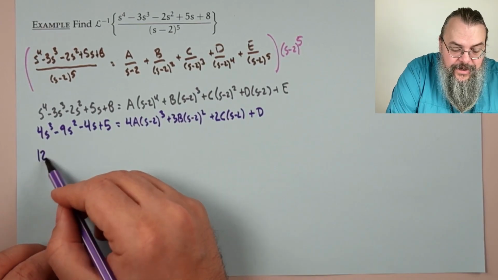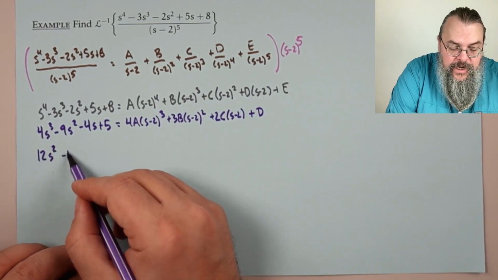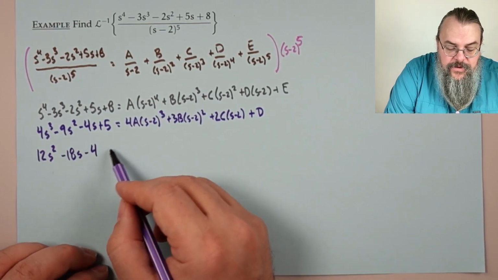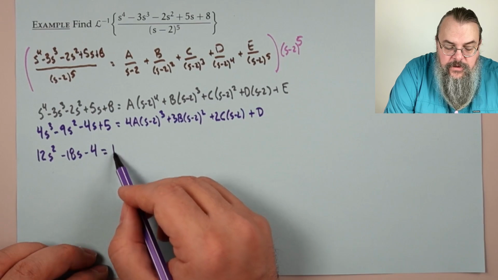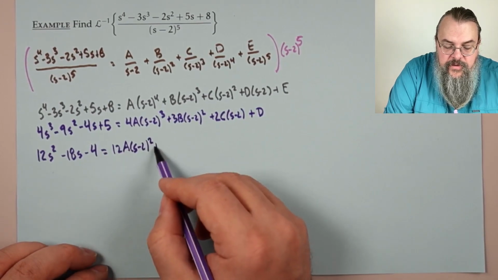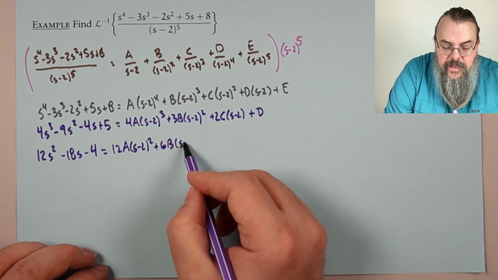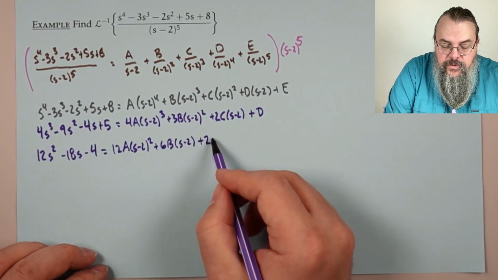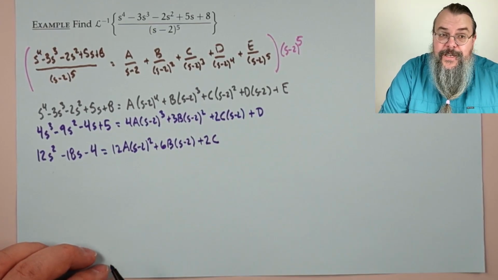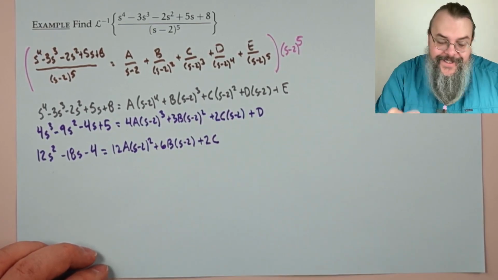So 12s squared minus 18s minus 4 is equal to 12a(s minus 2) squared plus 6b(s minus 2) plus 2c, and that's it. Now we can solve for c. Well, let's do it thrice.